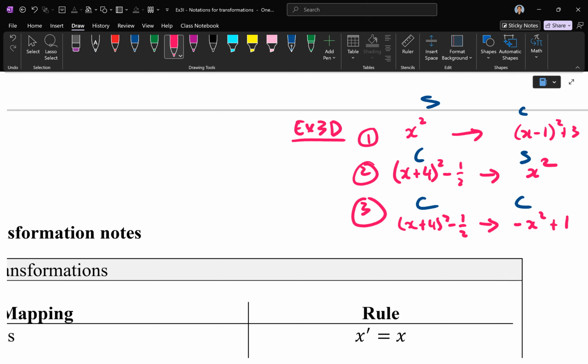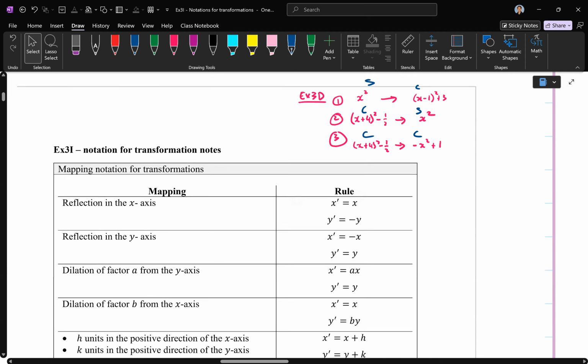So complex to complex, same technique, but that one is more typical of an exam question. This is more typical of your exercises. So you might find one or two that are like that. That's worthwhile knowing. All right, today's lesson.